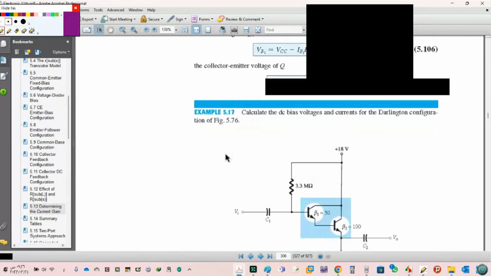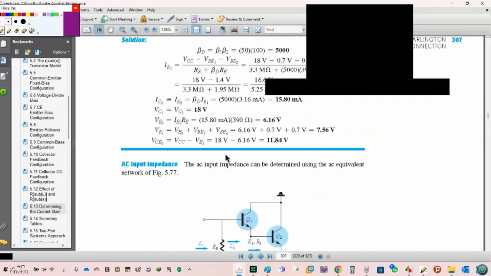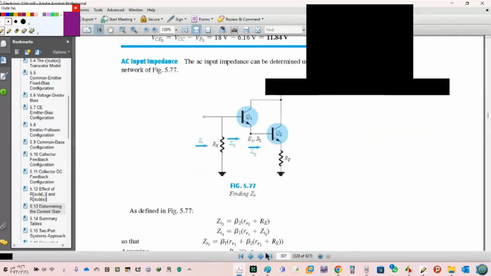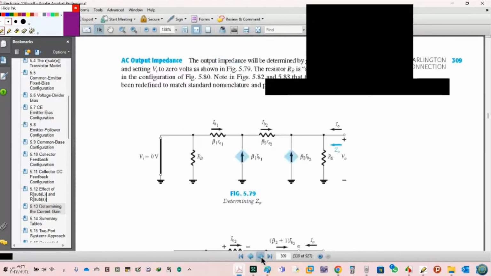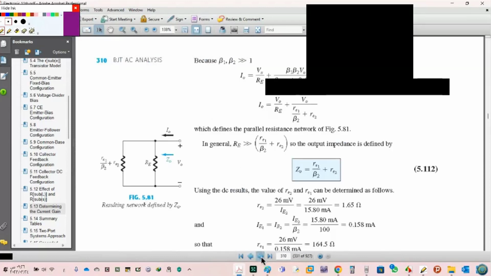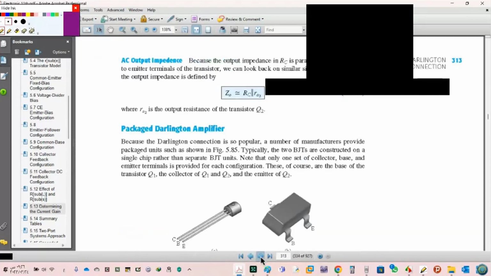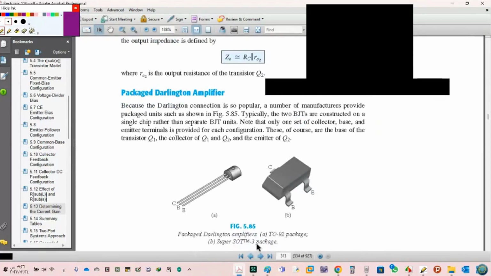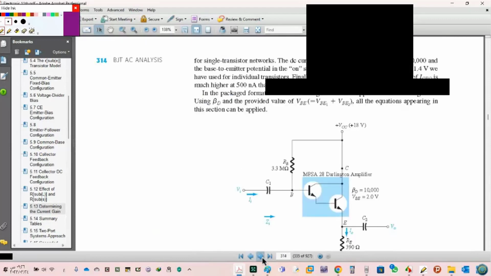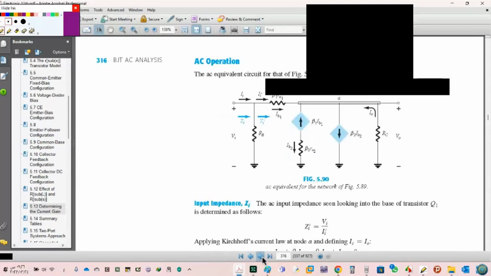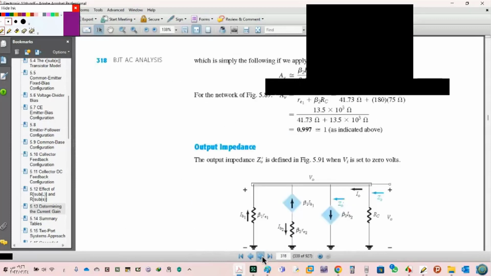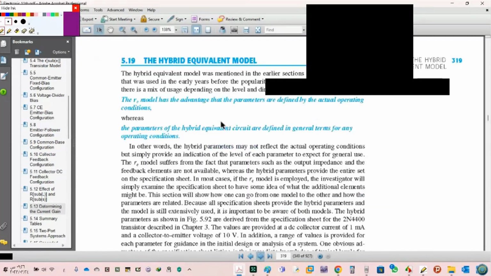Just calculate total beta for each stage. This is cancelled, cancelled, cancelled. If you want to see the Darlington, this is the package of Darlington. It's like a transistor, as you see, but here we have 2 transistors inside. Just I need beta equal beta 1 times beta 2.